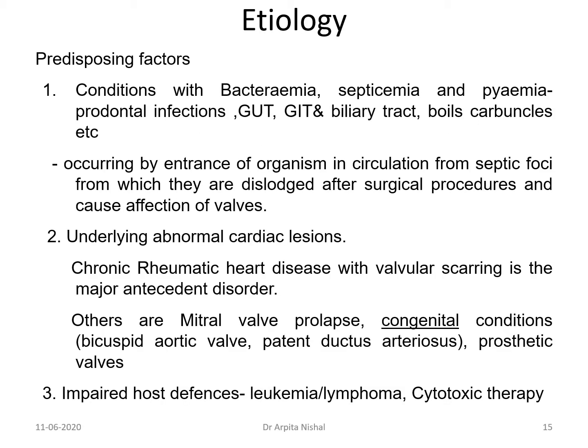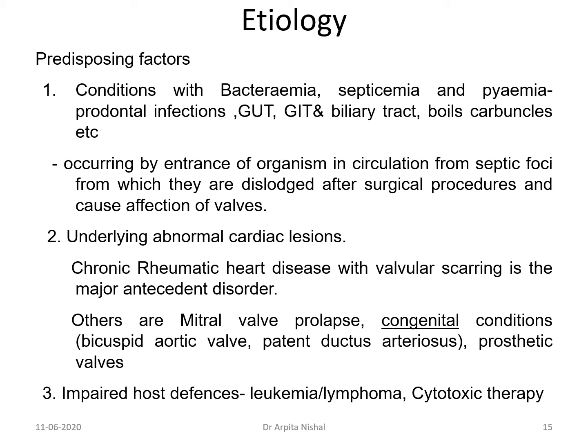Etiology of infective endocarditis. There are three main factors which predispose to development of infective endocarditis. The first one is conditions which have bacteremia, septicemia and pyemia. If the organisms are in the blood, these persons are prone to develop infective endocarditis of heart valves.